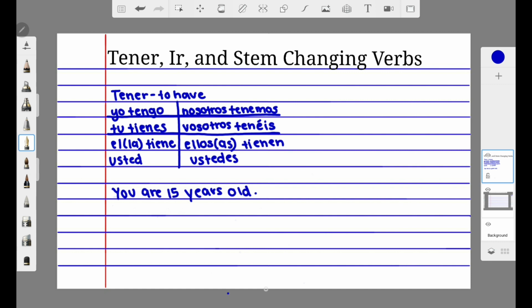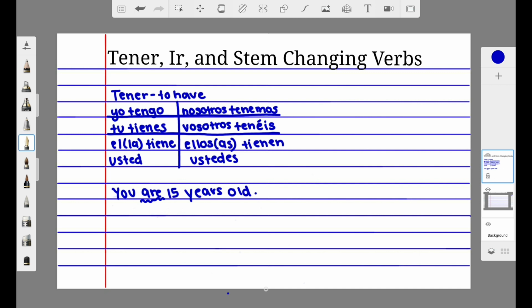Another reason why tener is a very important verb in Spanish is we actually use it to tell age. Now, in English, for example, you could say, you are 15 years old. So you would expect in Spanish for it to translate to either ser or estar because it's a form of to be. However, in Spanish, we actually don't use ser or estar for telling your age.